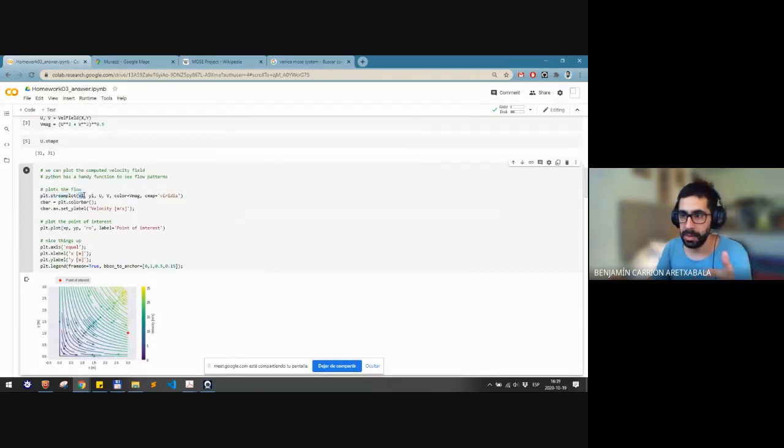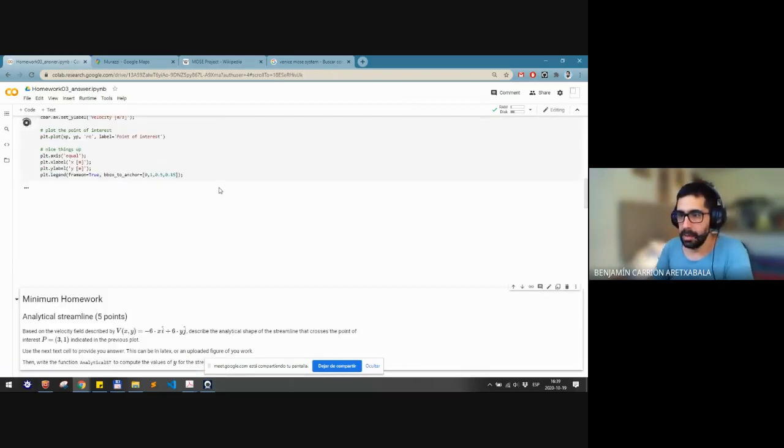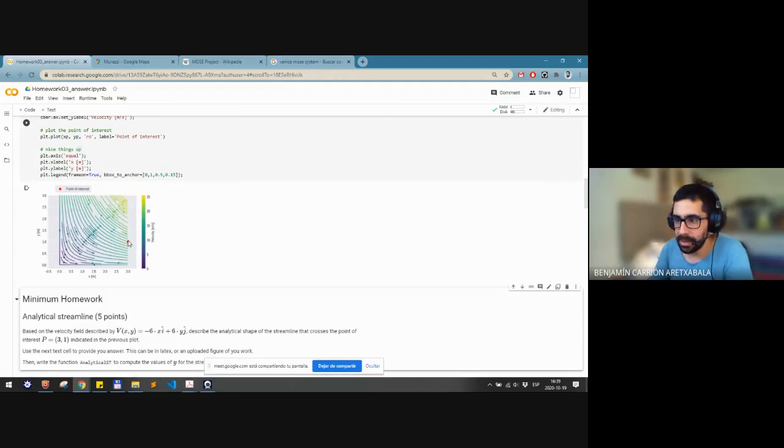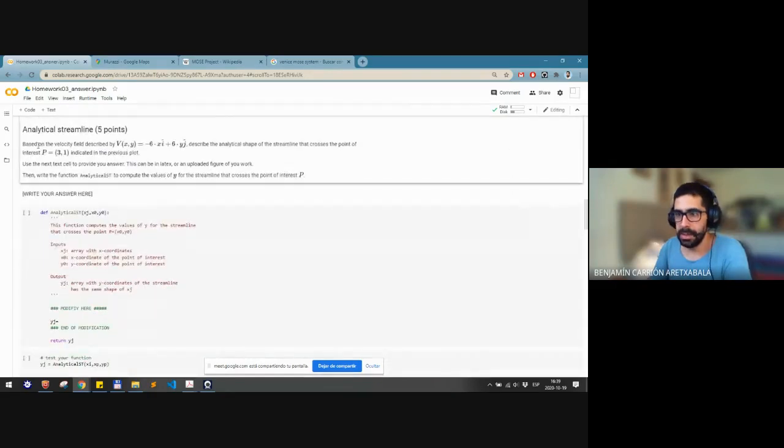So you just give it the vector coordinates, and you just give it the velocity, and you can paint it by the magnitude. And you're being asked, okay, what's the streamline that passes through this point, 3,1, right? And you had to do this in two ways: one analytical one and one numerical one.